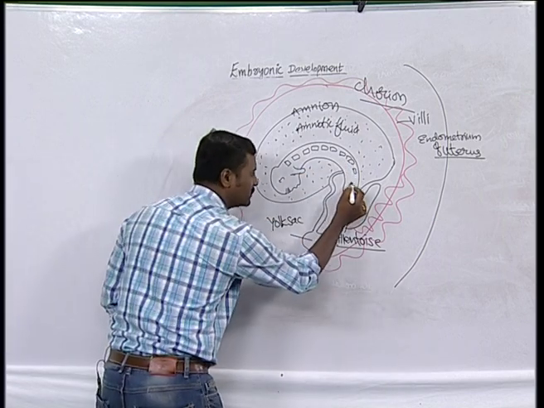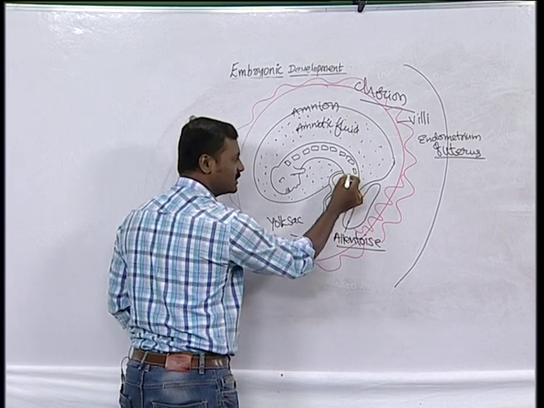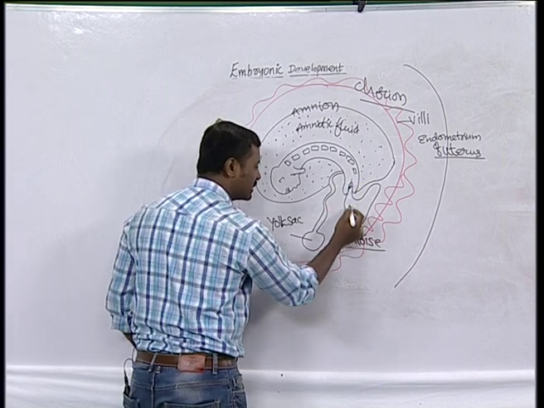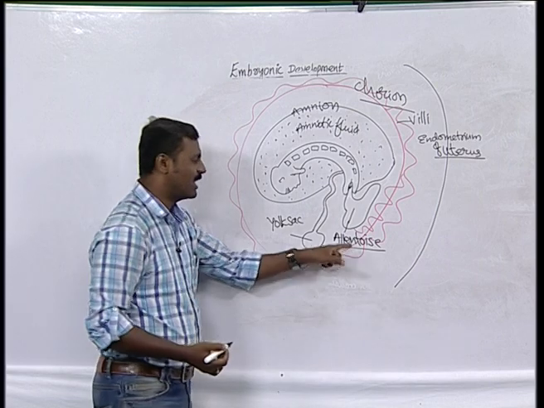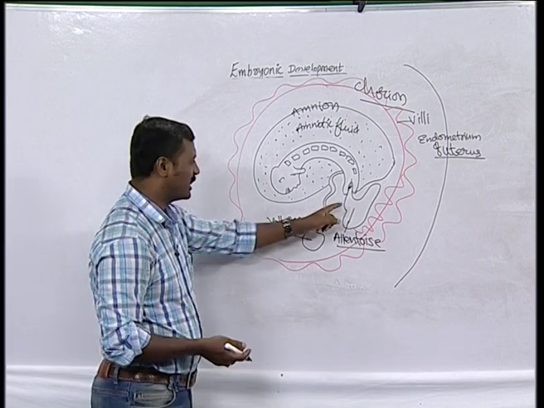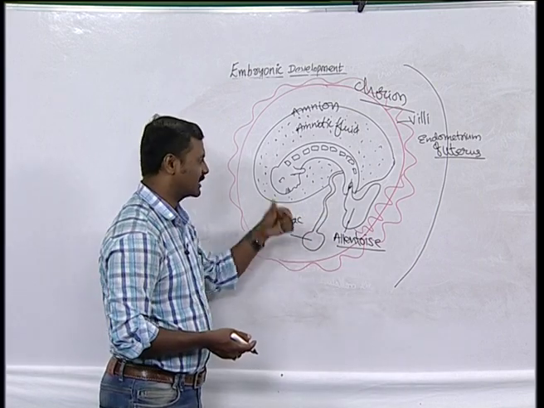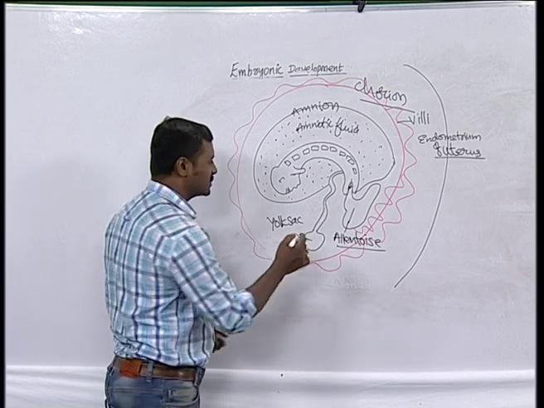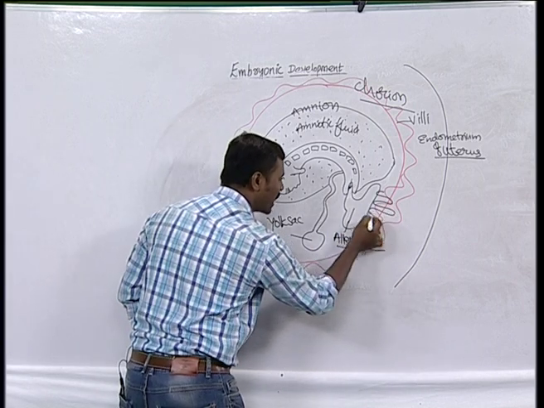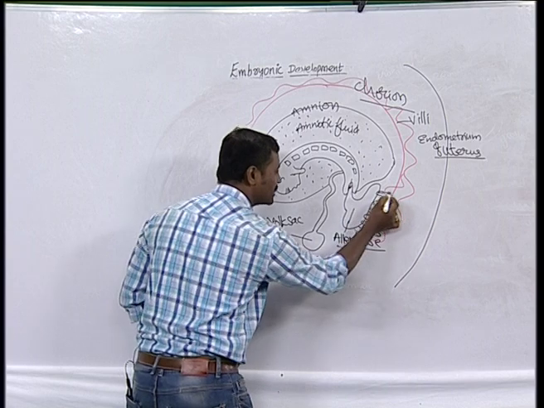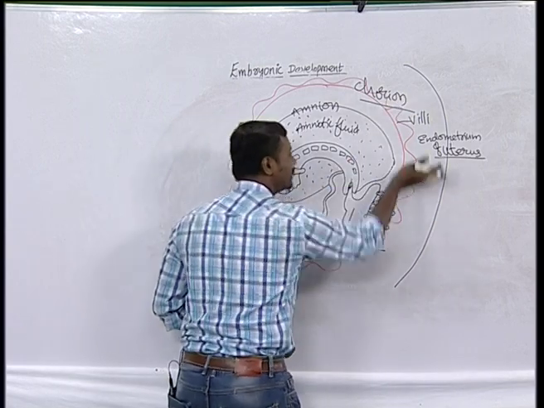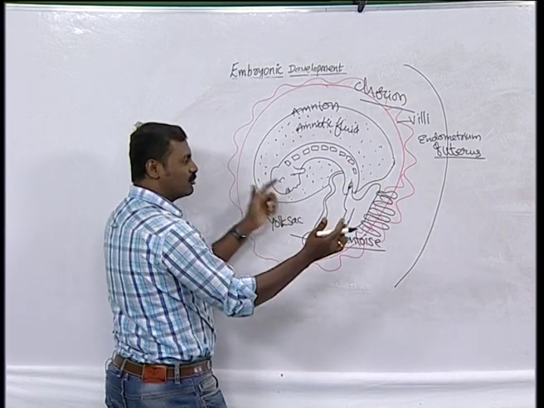And another one you can see is the hindgut region. Nearly the anus region, the hindgut region is connected to the allantois, which can store the fecal matter and also helps in respiration. Here you can see allantois also has villi.